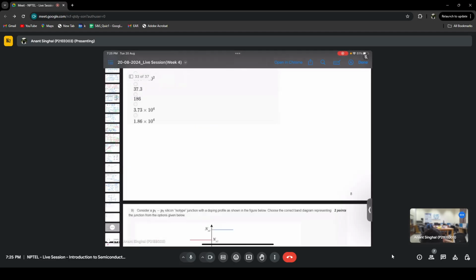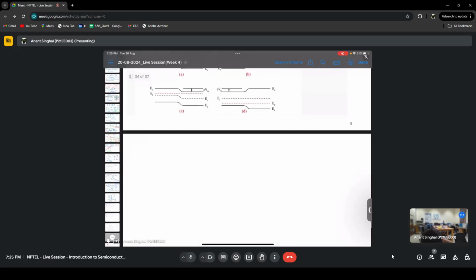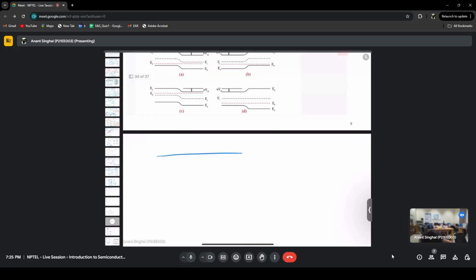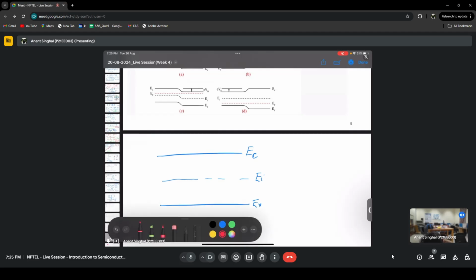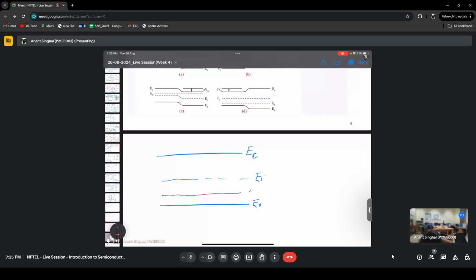So let me ask you a quick question. Let's say we have a P type of semiconductor, which is something like this: Ei, EC, and this is EV. For P type, we know the Fermi level should be close to the valence band. So let's say we had a Na of 10 raised power 16 here.